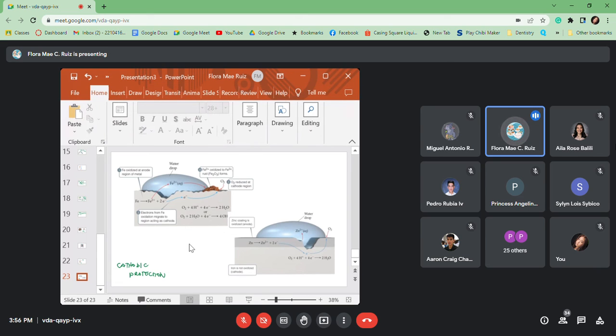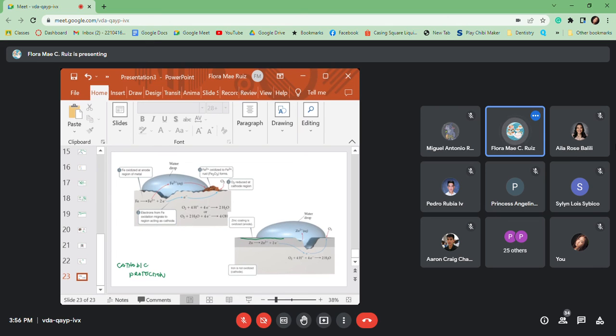So zinc is the metal being sacrificed to keep the iron from rusting. So we put a zinc layer here, okay, or a coating. The zinc coating is oxidized and it is used as a sacrificial metal so that your iron does not oxidize or rust.